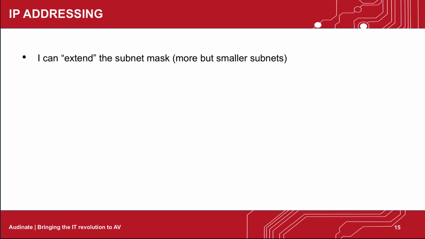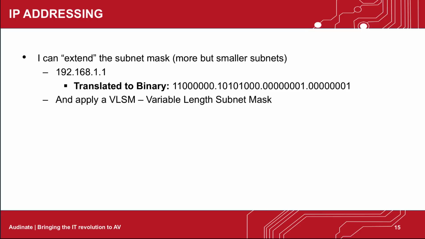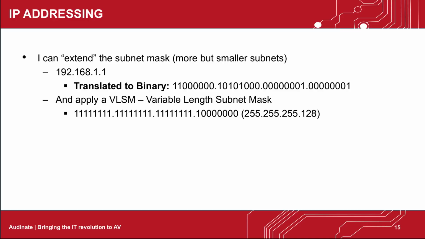I can extend the subnet mask, which means I can make more but smaller subnets. I can take 192.168.1.1, then translate that to binary, which would give me this. Then apply a VLSM, that's variable length subnet mask. This time I'm going to apply a 25-bit subnet mask. Now you can see instead of 255.255.255.0, we have 255.255.255.128.